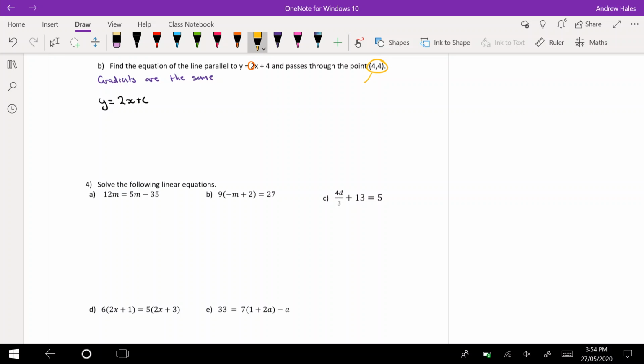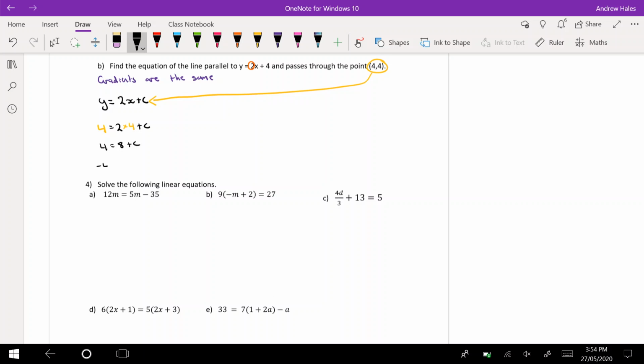Well, again, I'm just going to plug in a point, and that's going to help me find my value of c. So instead of y, I'm going to write 4. And then instead of x, I'm also going to write 4. So 4 equals 2 times 4, which is 8. So 4 equals 8 plus c.